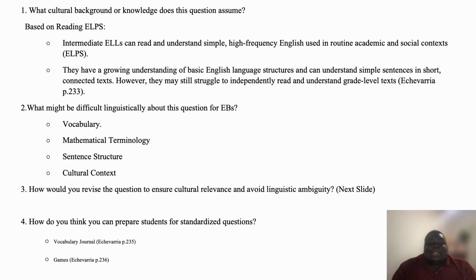Then, moving on to sentence structure, the question contains a complex sentence structure, including equations and mathematical expressions. EBs who are at beginning or intermediate stages of English proficiency may find it difficult to understand the sentence structure, which can impact their comprehension of the question.